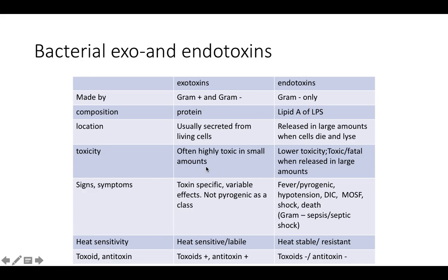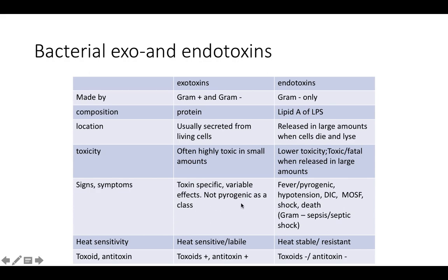Exotoxins are highly toxic, meaning tiny nanogram amounts can be really harmful, whereas endotoxins usually have lower toxicity. It takes more endotoxin to cause harm, but very often in so-called endotoxic shock, large numbers of gram-negative bacteria are lysing and dying, and so you can get massive release of endotoxin, which can be fatal. As for signs and symptoms, exotoxins are usually tissue or cell-specific, so there'll be variable effects.